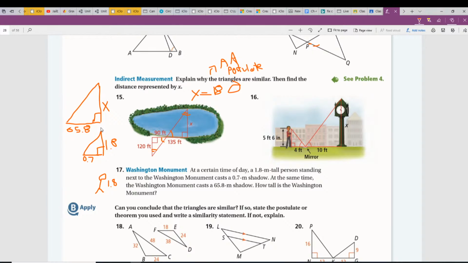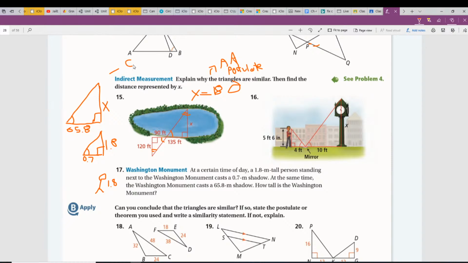Two triangles here, and this angle right here is congruent to this angle because there's a sun ray, and the ray is reflecting at the same exact angle, so they will have the same angle that's casting the shadow.